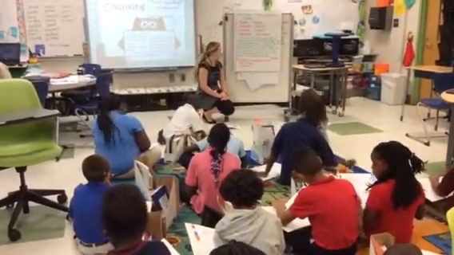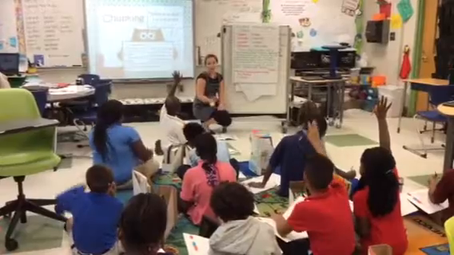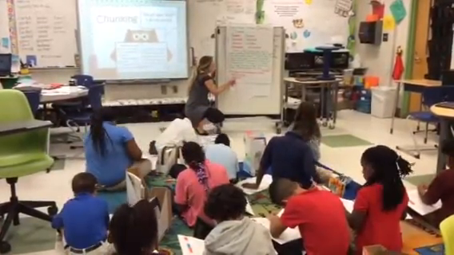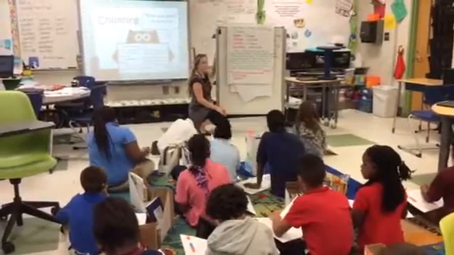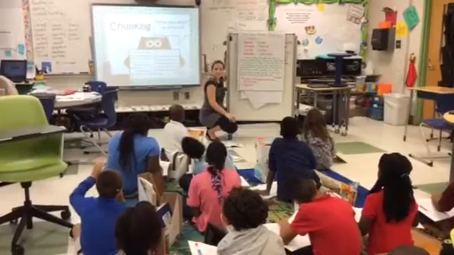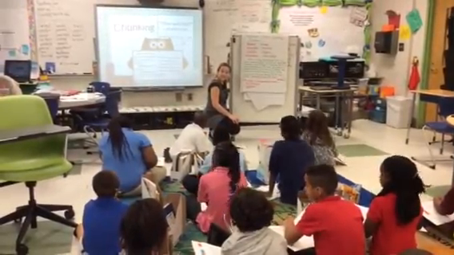So what should I chunk? Who wants to tell me the first part you're going to chunk? Damari. Cost. Underline cost. Good. He found another word he knew in there. Cost. Camden, what letters are you going to chunk next? Okay.